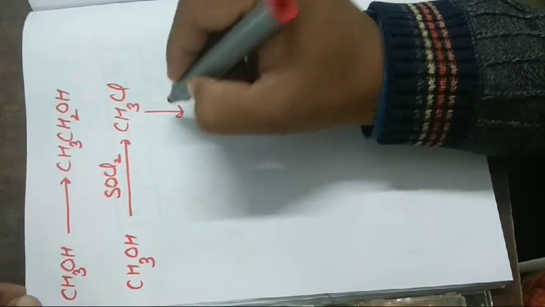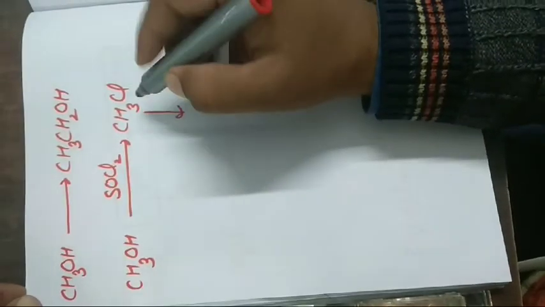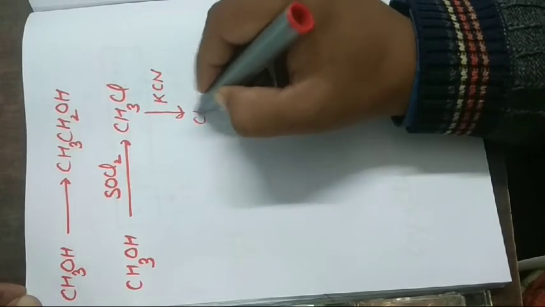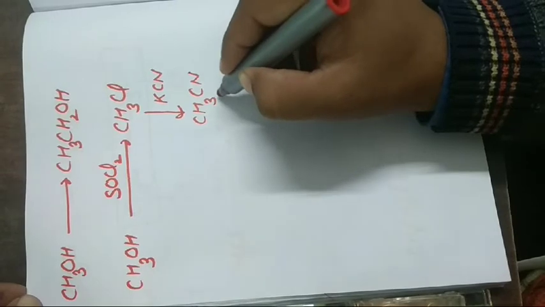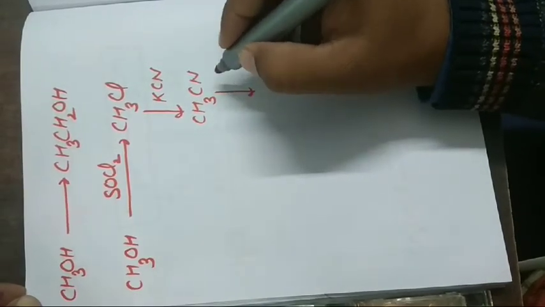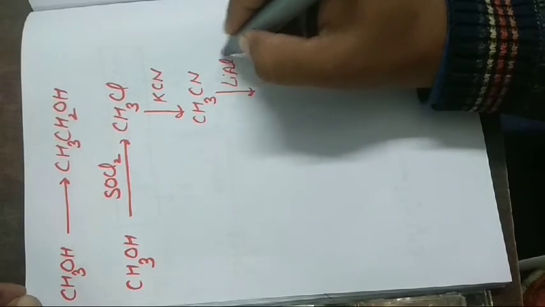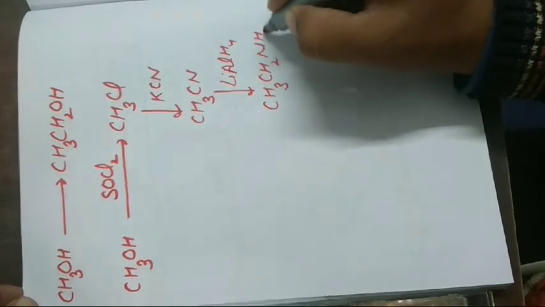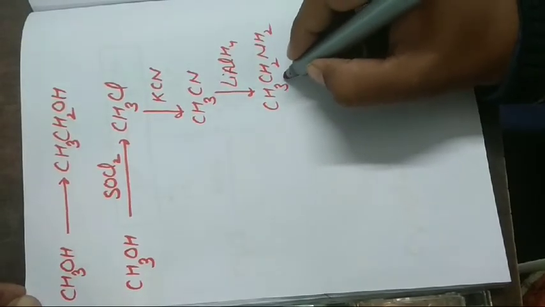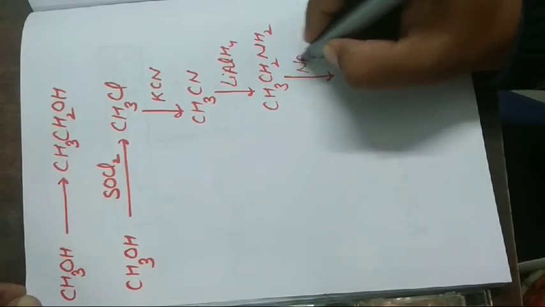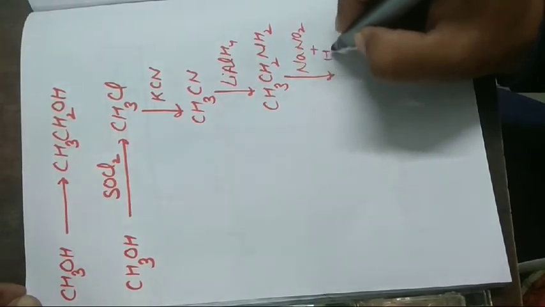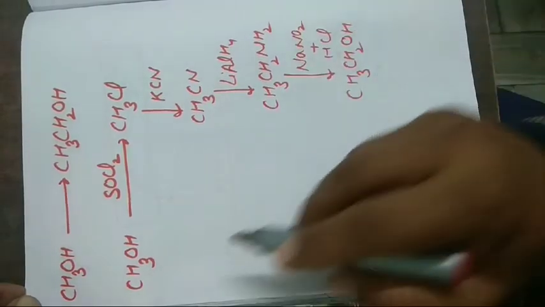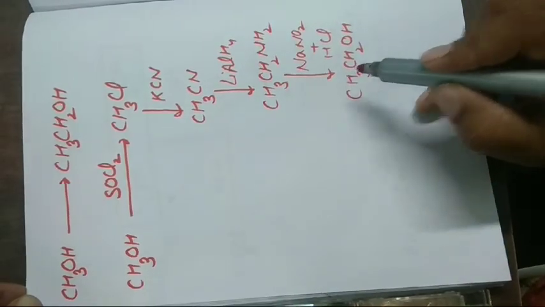Now we can repeat our previous process: CH3Cl, the linking reaction with KCN, and we will get CH3CN. Now we reduce it with LiAlH4 and we will get CH3CH2NH2. Now we can use nitrous acid, NaNO2 plus HCl, and we will get CH3CH2OH. So we have converted CH3OH into CH3CH2OH.